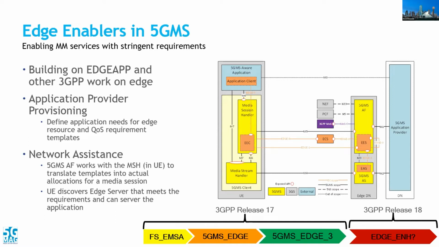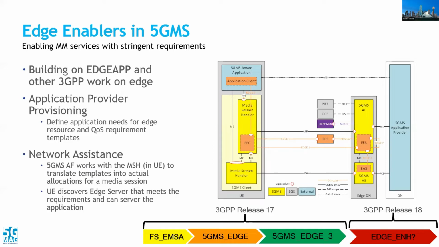So again, everything is integrated in the MSH on the client side. So it has what we call an Edge enabler client. That's part of the Edge app architecture. Its goal there is really to discover Edge resources by talking to an Edge configuration server and then an Edge enabler server.